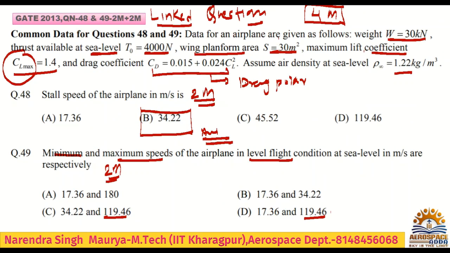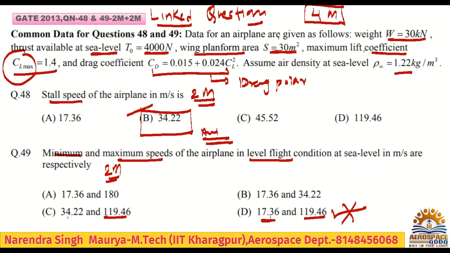Here, see, 119.46 will get here, but 17.36, and this is 34.22. So once you get 17.36 in your calculator, you will say this is right, but no, this is wrong. Why it is wrong? What is the minimum speed, stall speed you got?